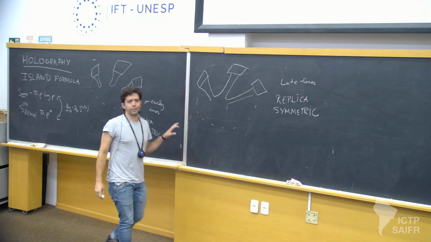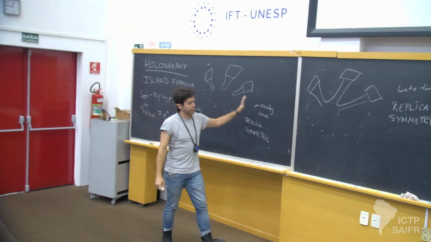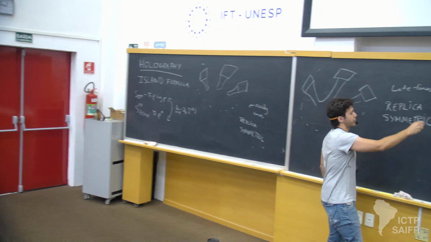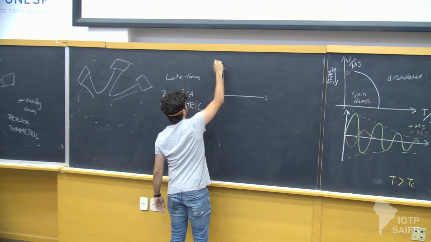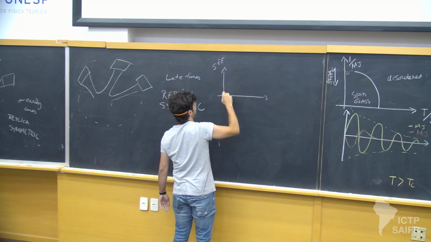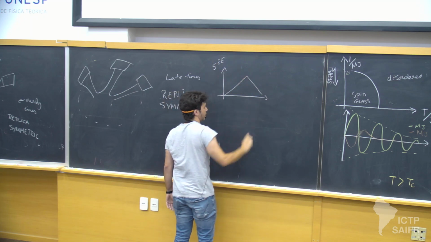The transition from this configuration to this configuration is what people attribute to this thing called the Page curve. That's what gives the entanglement entropy, this early growth, and then the decay.